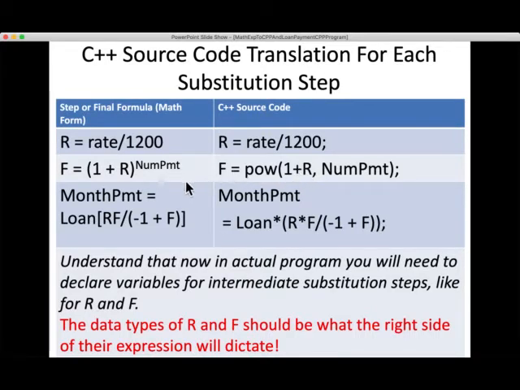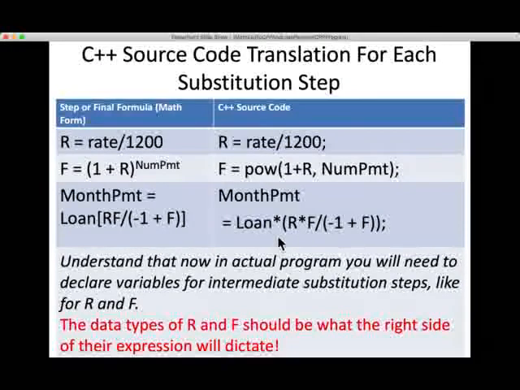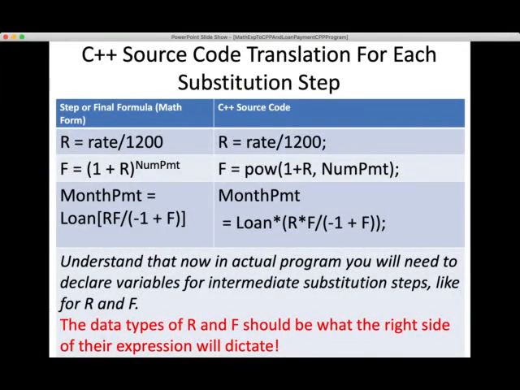But it's not needed actually. So then month PMT was ln square bracket RF divided by minus 1 plus F. So ln will go as is. Square brackets will change to parentheses. Notice the computer doesn't do multiplication without an asterisk. The asterisk means this is one operand, that's the other operand.